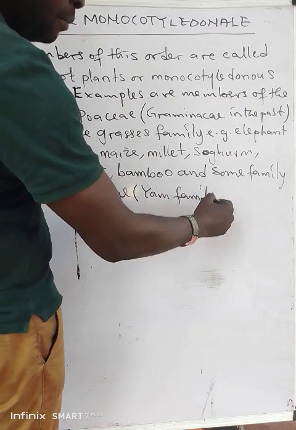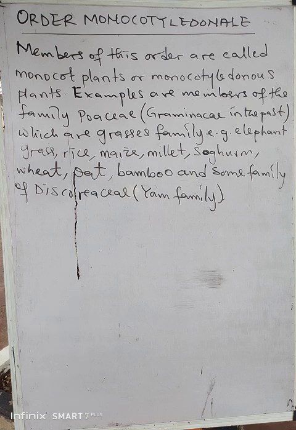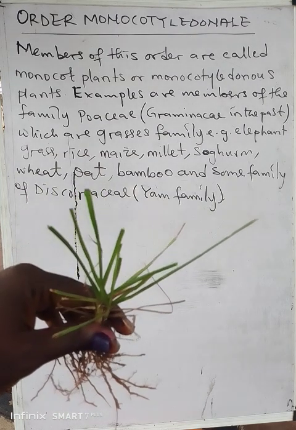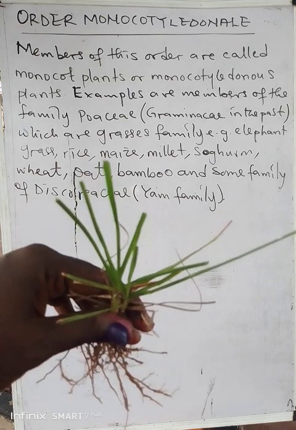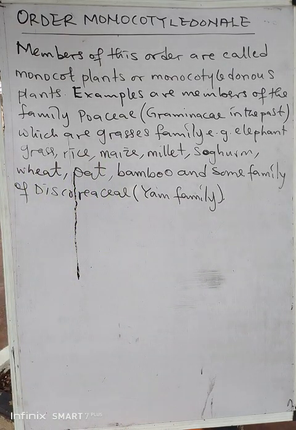So yam is a monocot. But if you look at the leaf of yam, it is broad, unlike other monocots whose leaves are narrow like this. But every other property we are going to state thereafter about monocots, they have them. Okay?